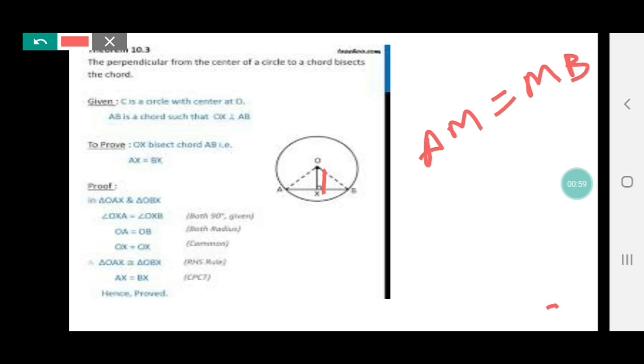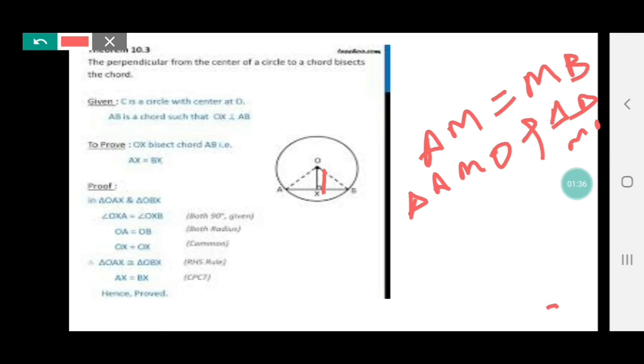Due to OM, the full triangle is divided into two triangles. Now we have to prove that the two triangles are congruent. Which are the two triangles? Triangle AMO and triangle BMO.